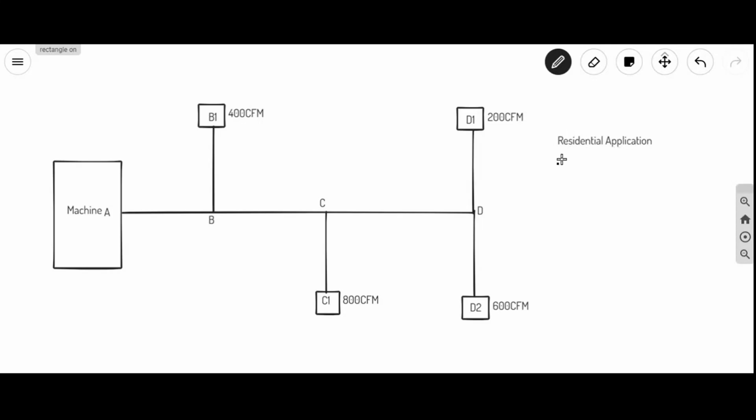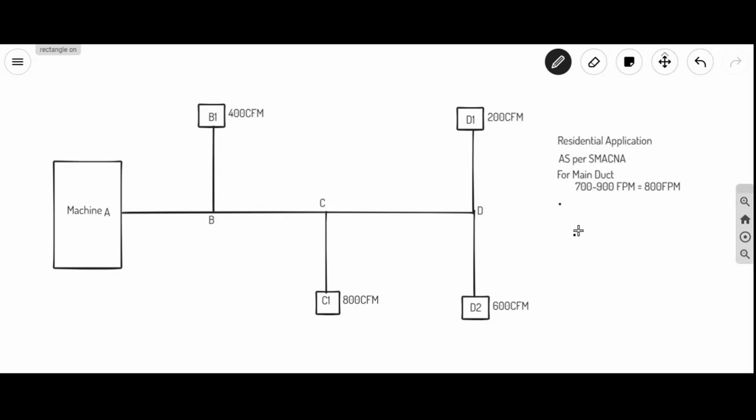As per SMACNA, Sheet Metal and Air Conditioning Contractors National Association, for residential application, for the main duct, 700 to 900 FPM, approximately 800 FPM, we take.